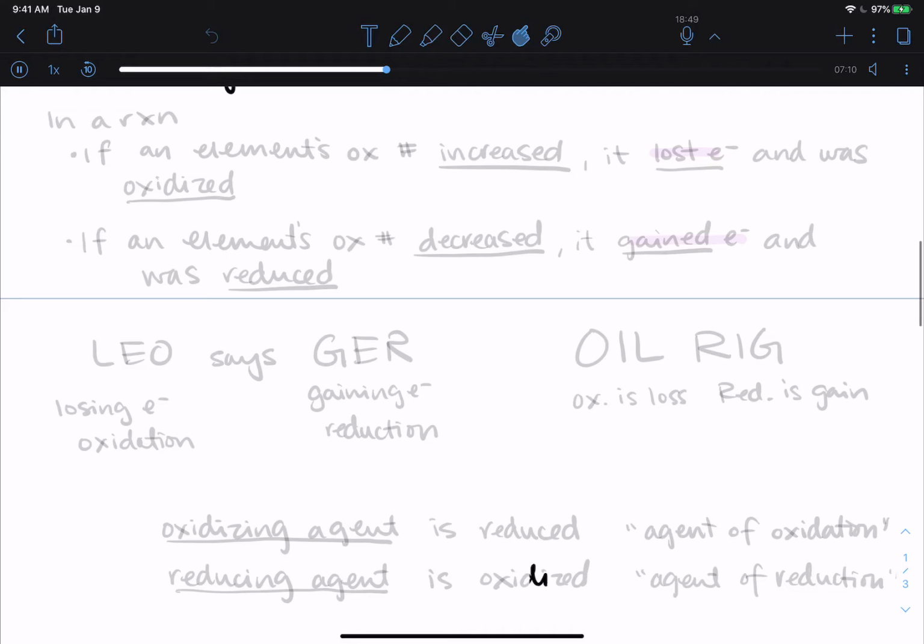And in that reaction, if an element's oxidation number increased, this means that it lost electrons and was oxidized.